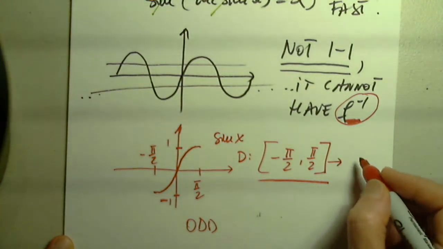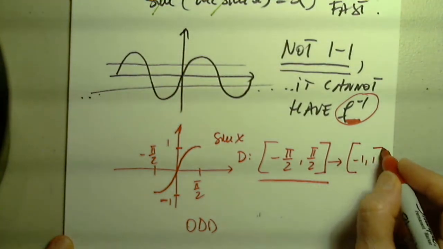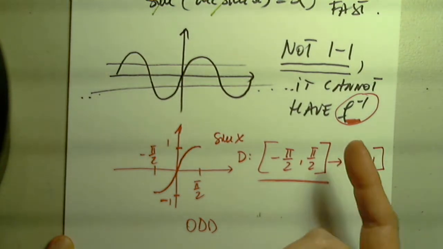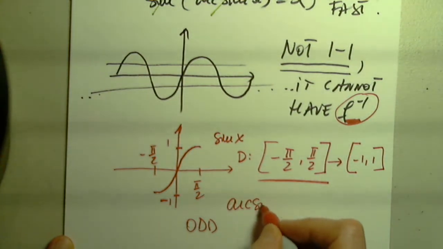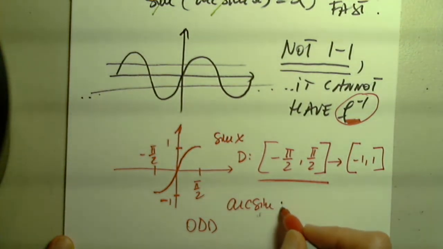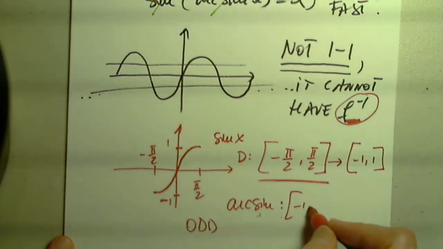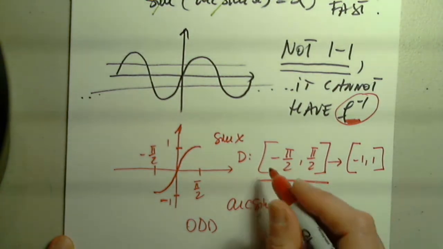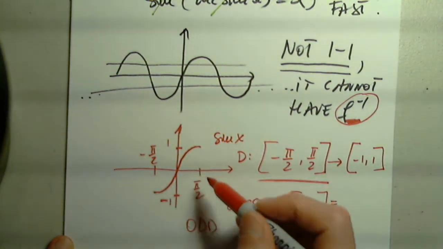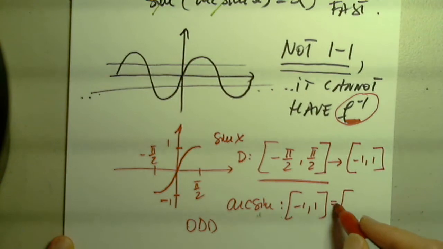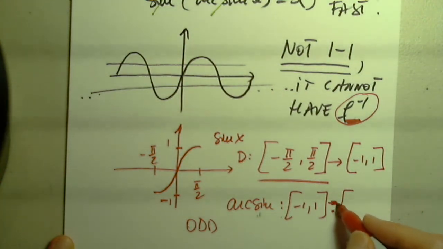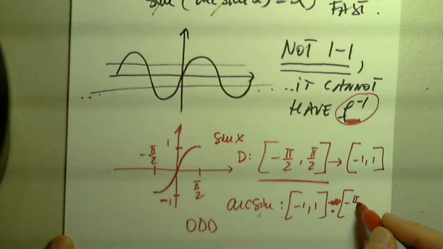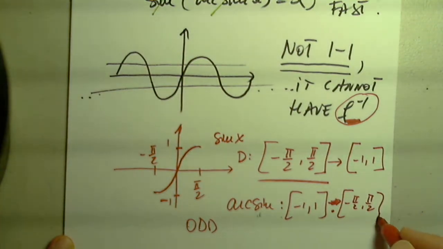And yes, the range is -1 to 1. So now arc sine, the inverse function, will be defined on -1 to 1, and the range better be an angle between -π/2 and π/2.